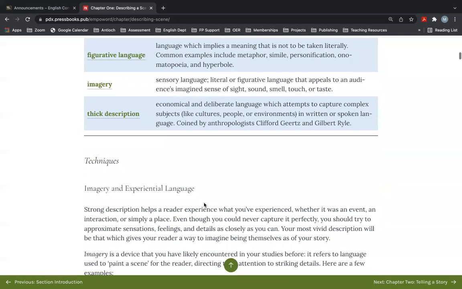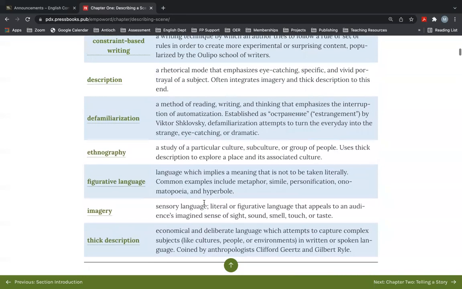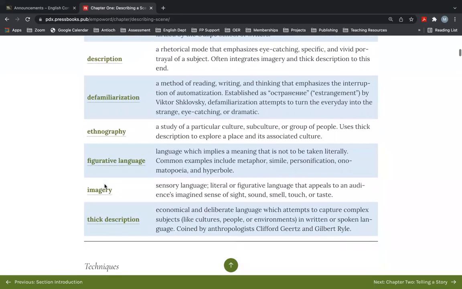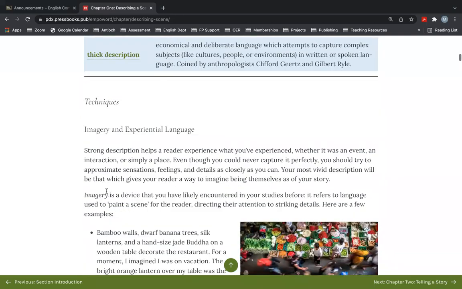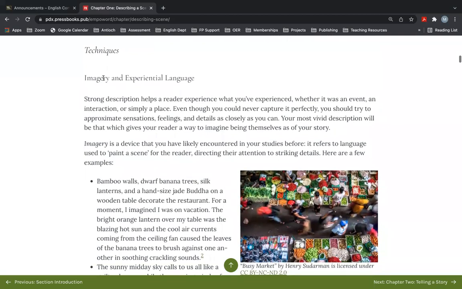And so as we move through techniques, I'm paying attention that I'm not talking about some of these other things like description, figurative language, and imagery, because for the most part, people tend to get that. But I'll add a little bit as I move through this chapter. So techniques: imagery and experiential language.